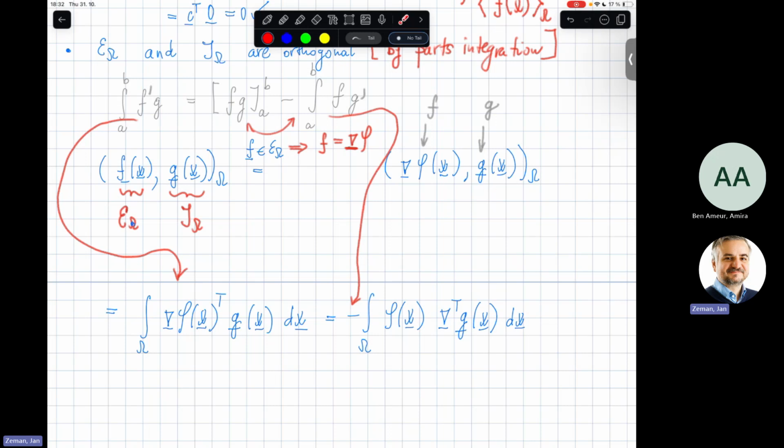Plus, you get the generalization of this term here, and this generalization is nothing else than the boundary integral.